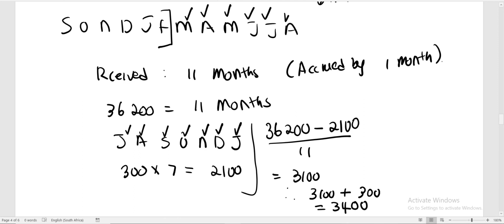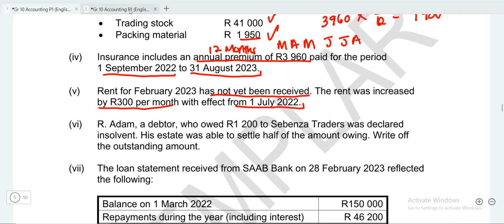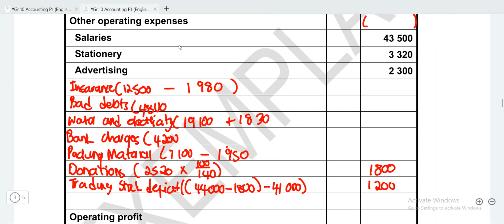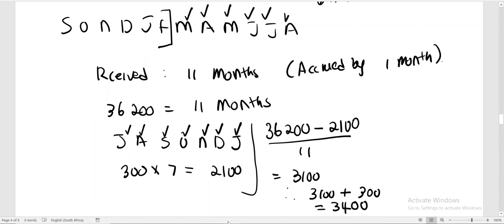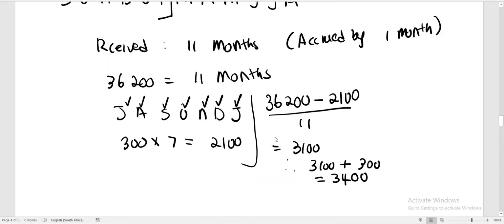So therefore rent income must increase by 3,400. So we must say under rent income, we must say plus 3,400. Okay, and then this part here will be 2 marks because you had to work it out. Very important. Okay, so now let's check the next transaction.